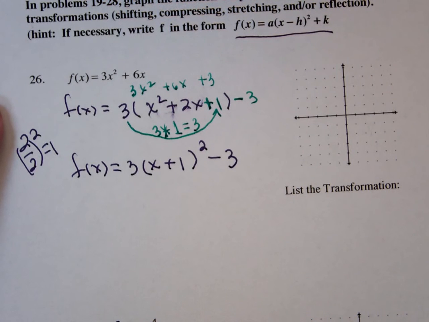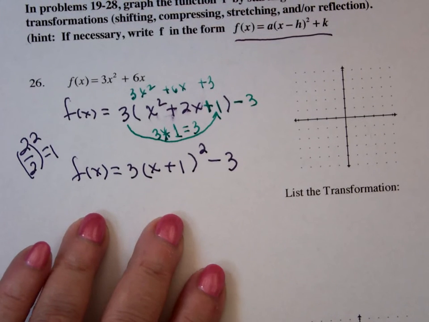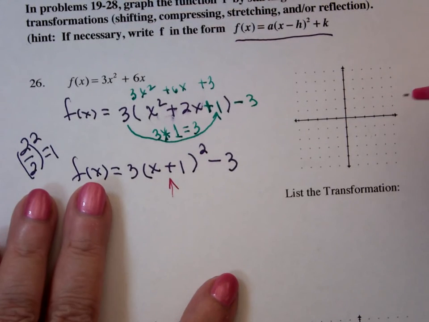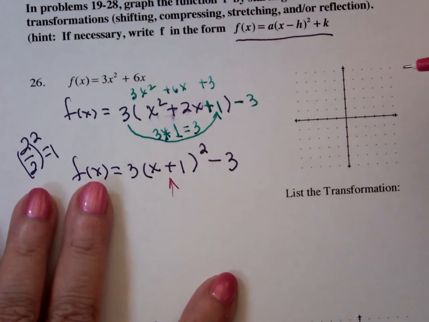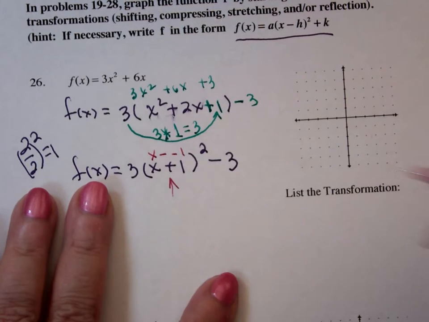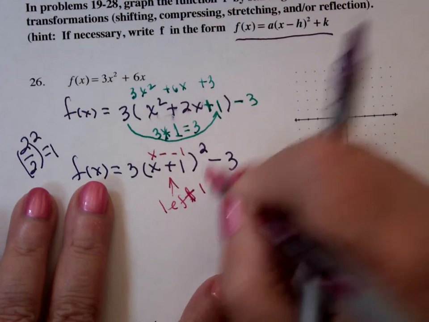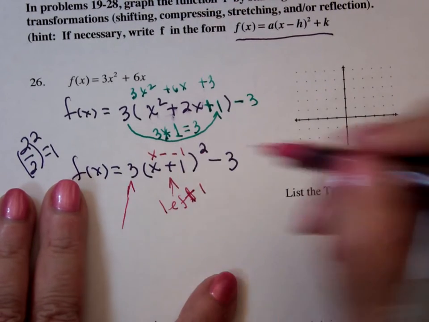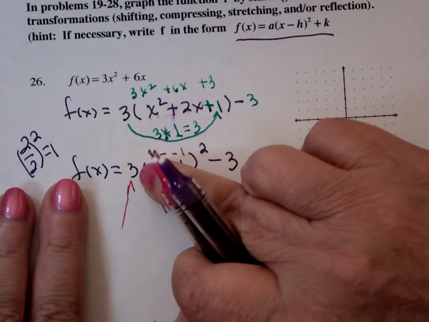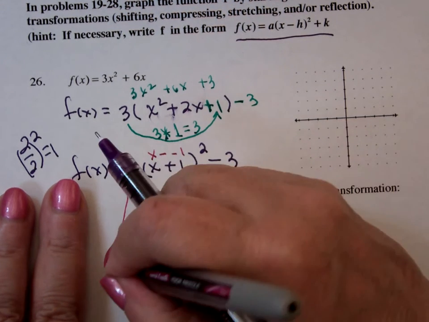Now that's in our old friend transformation format. So what's the transformation? Left, because this is x minus a minus 1, right? So it's left 1. And then I'm done with the inside, and then what do I have? Vertical stretch.